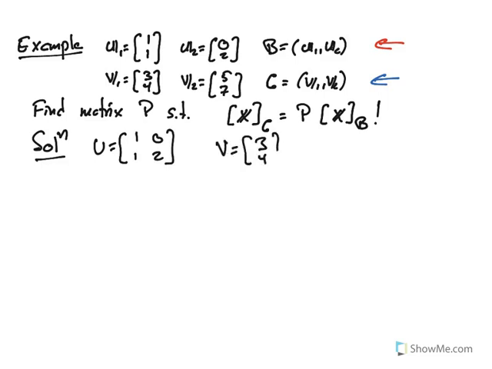V is the matrix whose columns are made up by V1 and V2, like that. And then P satisfies VP is equal to U. So let's solve.